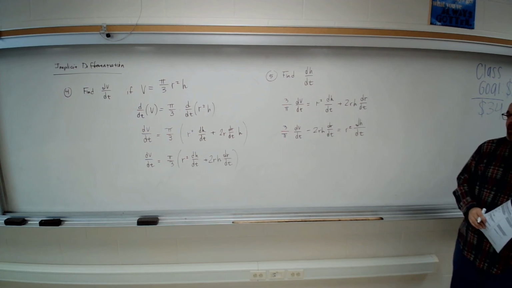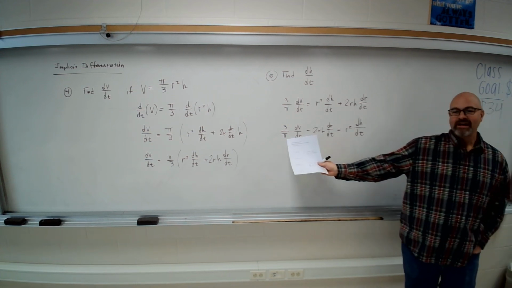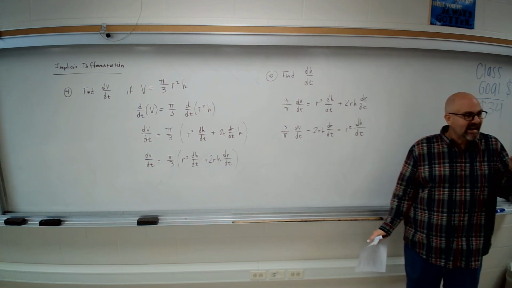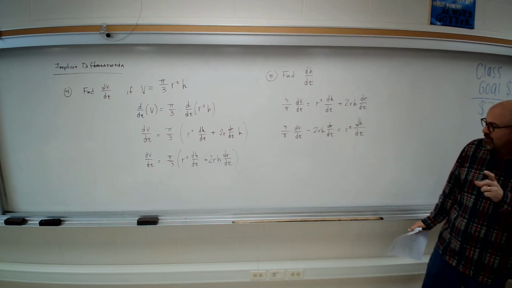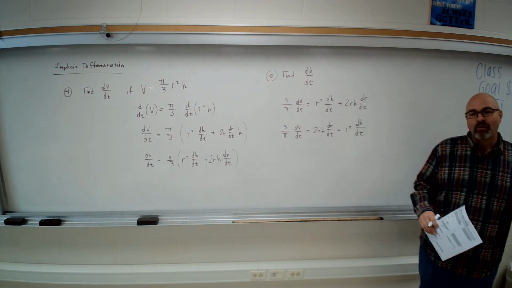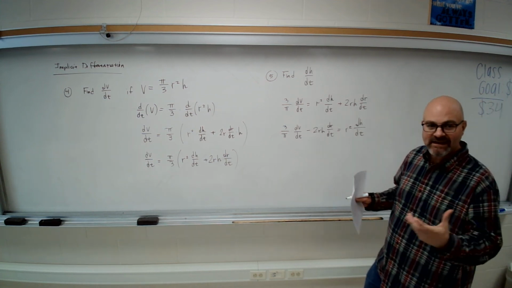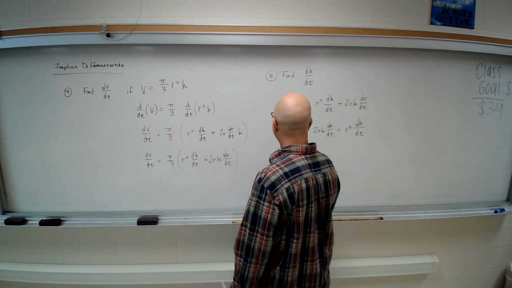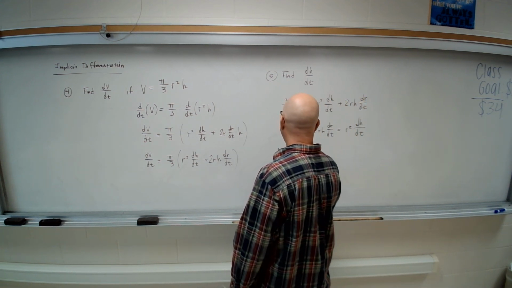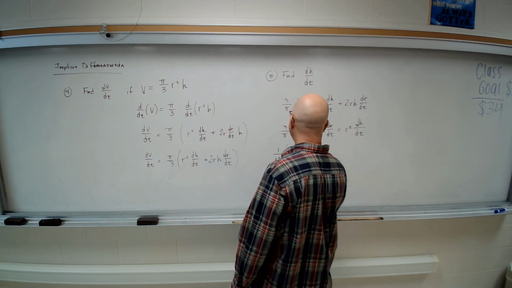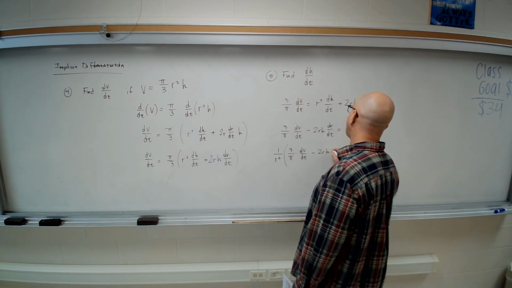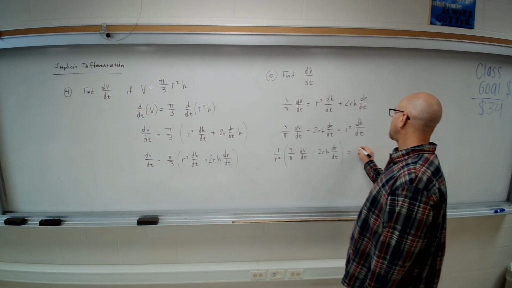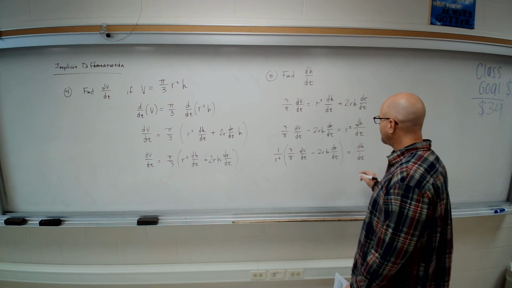You could divide by r squared, but this is already a fraction, because dV over dt is written as a fraction, but it's actually going to be a rate. I'm still going to multiply by 1 over r squared and just leave it outside of a parenthesis. So I'm going to say 1 over r squared times 3 over pi times dV dt minus 2rh dr over dt equals dh over dt.